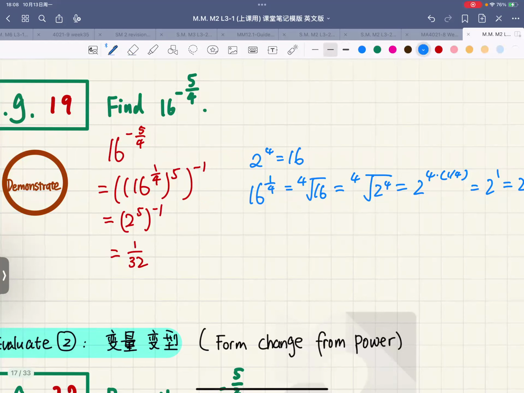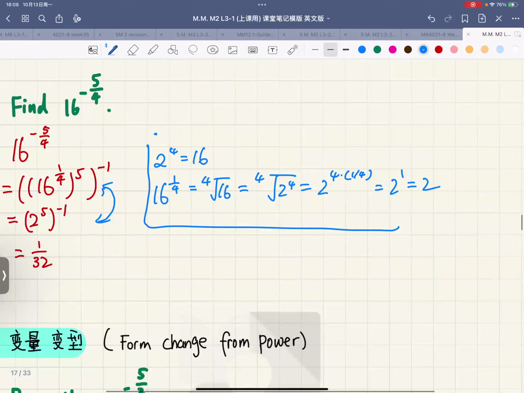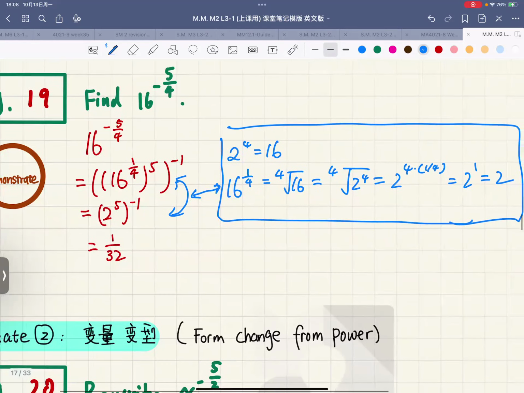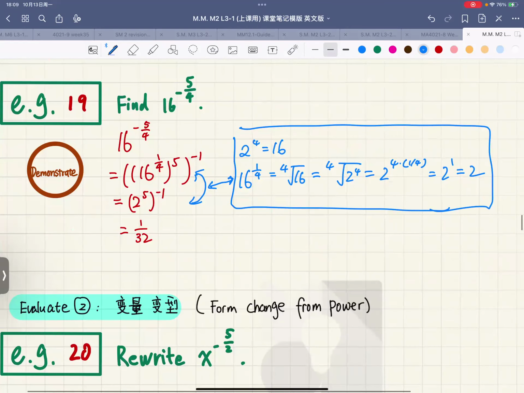Okay, if you don't know how I get from here to here, this is the full solution. Oh no, 16 to the power of 1 over 4 basically is equal to 2. And then we have a power of 5. Right?